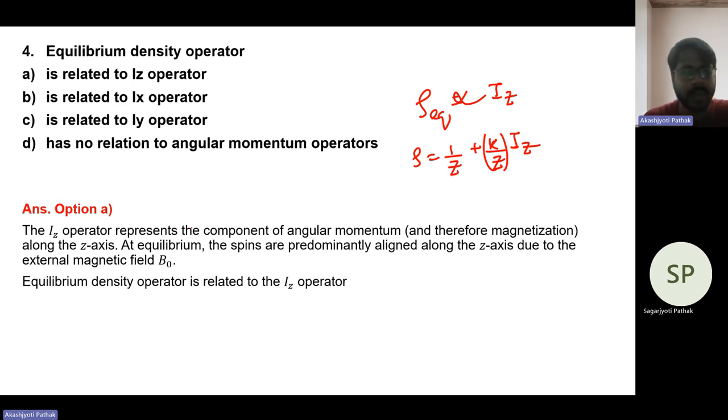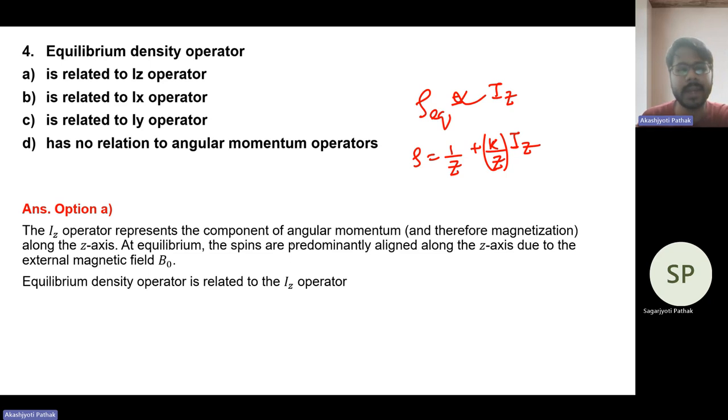The Iz operator represents the component of angular momentum along the z-axis. At equilibrium, the spins are predominantly aligned along the z-axis due to the external magnetic field B naught. So what happens in equilibrium? We have seen the concept of bulk magnetization.